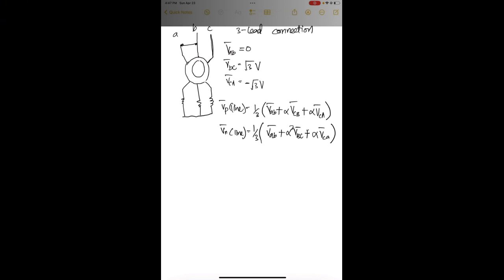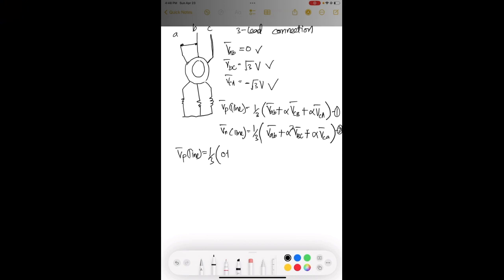Now if we substitute VAB, VBC and VCA in these equations, let's say 1 and 2, we will have the positive phase sequence of voltage, V_P line, equal to 1/3 (0 + α√3 V − α²√3 V), which is equal to jV.